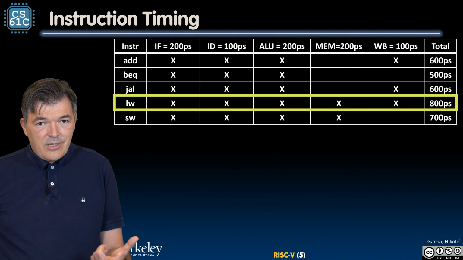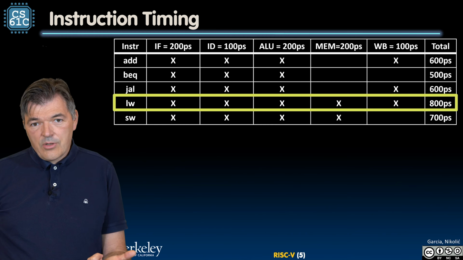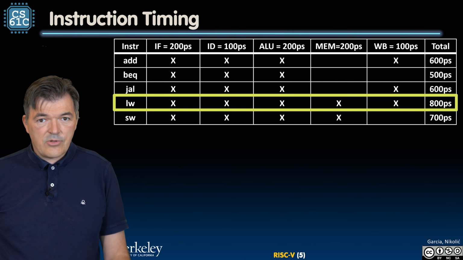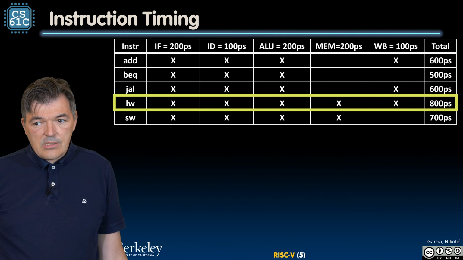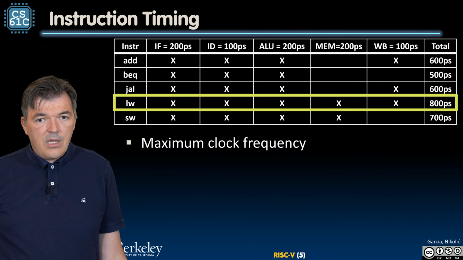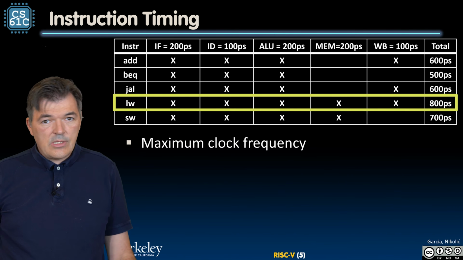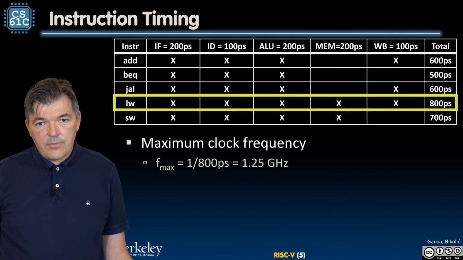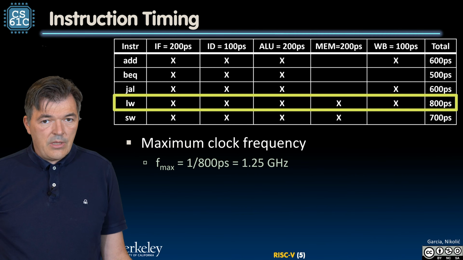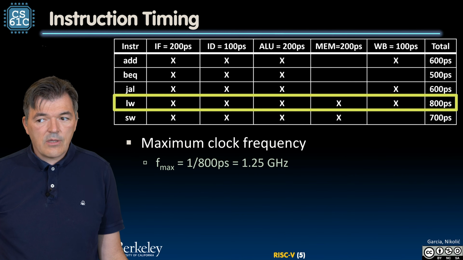So our critical path is always set by the longest time that an instruction takes. In this case, that was 800 picoseconds, and we determined that the maximum clock frequency is 1 over those 800 picoseconds, which is 1.25 gigahertz.